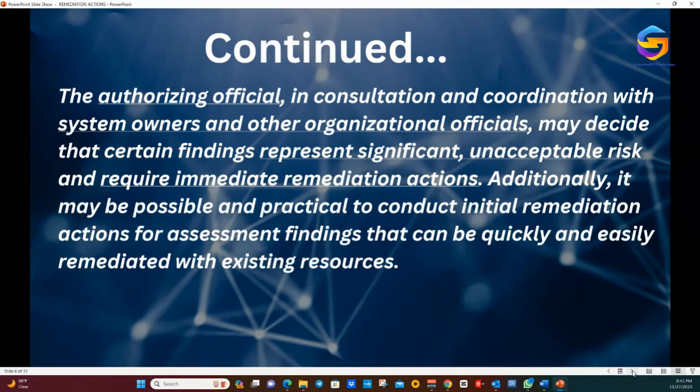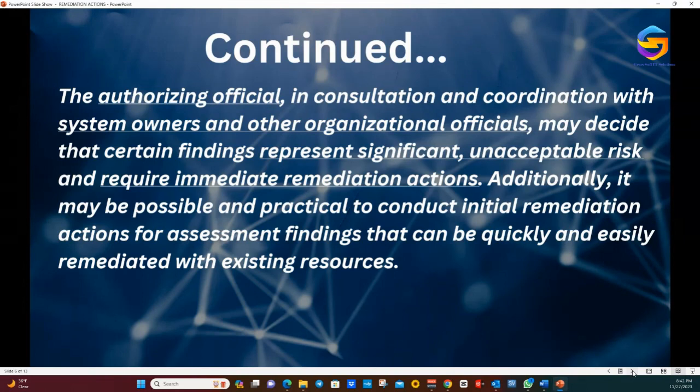What does this mean? This simply means that when the control assessor goes out to do the assessment, the control assessor puts together the assessment report. Then that is given to the system owner or the common control provider together with the authorizing official. The authorizing official now has the sole responsibility to either accept the risks or deny it.